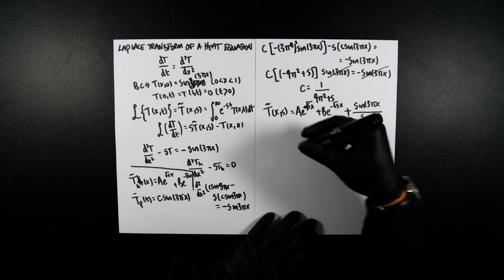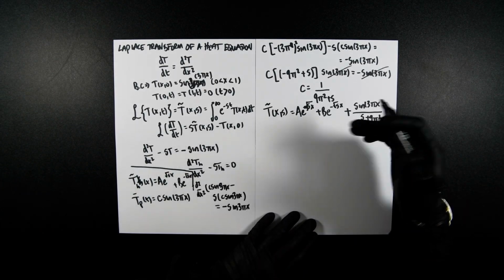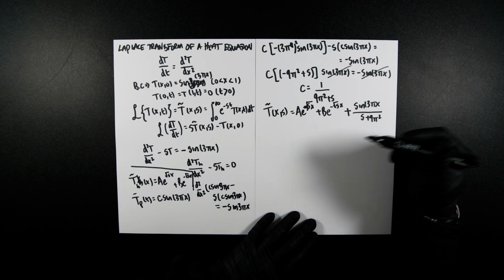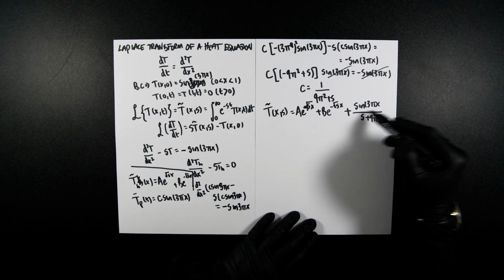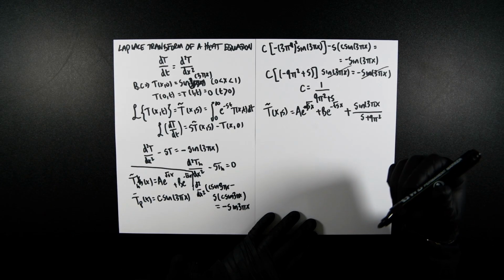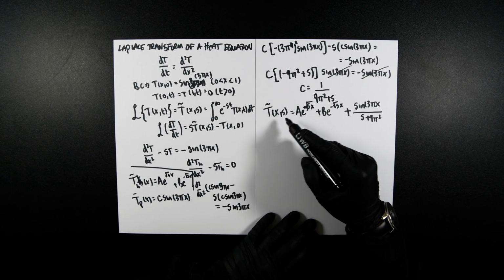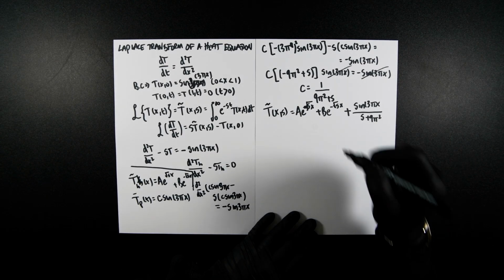We can now apply the boundary conditions, because obviously what we've done is we've added them all together, but remember we're now going to apply the boundary conditions. This is very similar to when you solve a second order linear, non-homogeneous or even homogeneous differential equation. So that's how you get this. But now we're going to apply that.